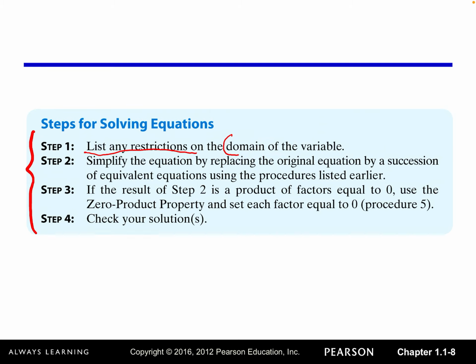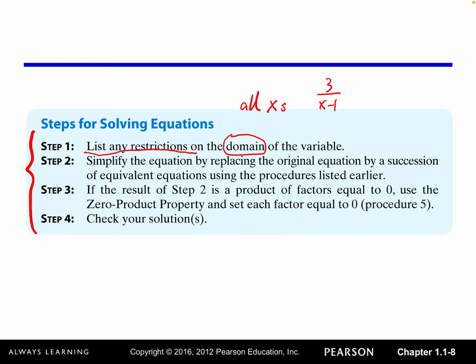Someone may consider domain a big word. So what that means, domain means the collection of all the values of x. Okay, all the x is called the domain. So what kind of restriction do we talk about here? For example, earlier we saw x minus 1 on the denominator, right?